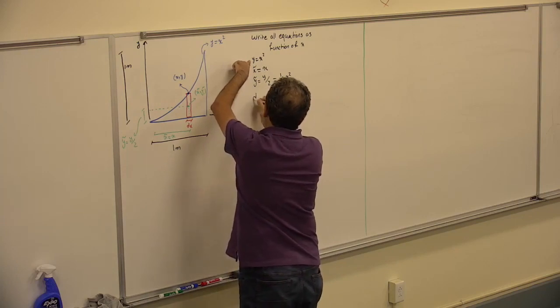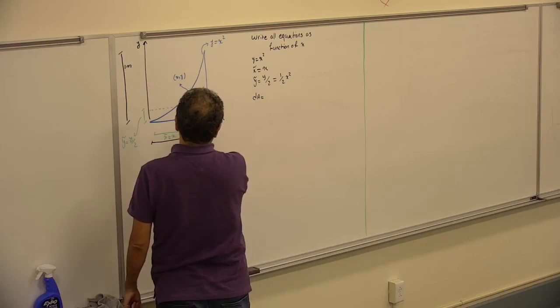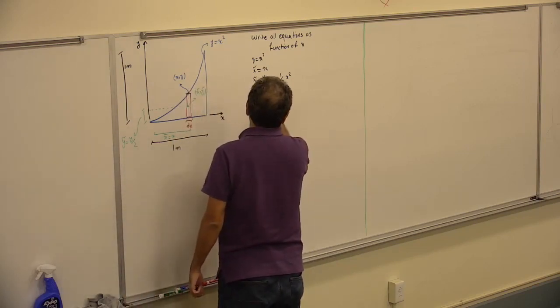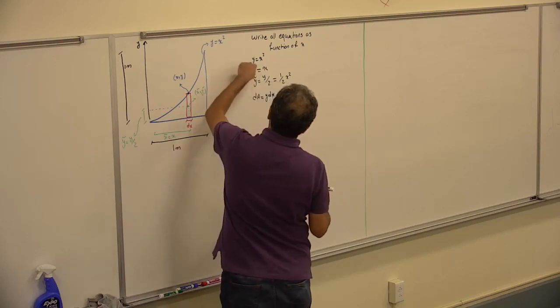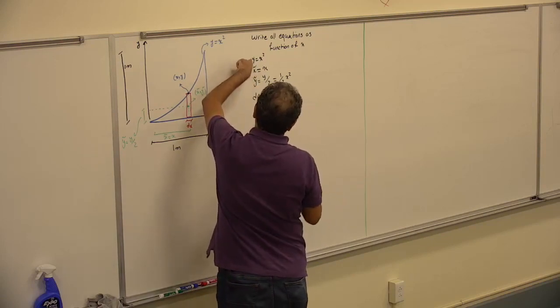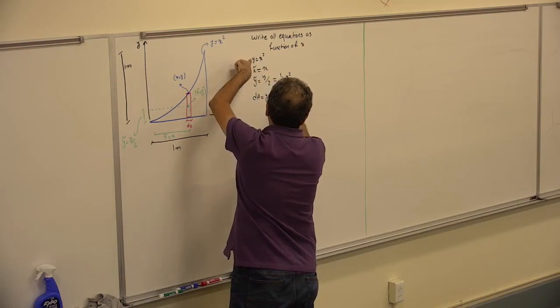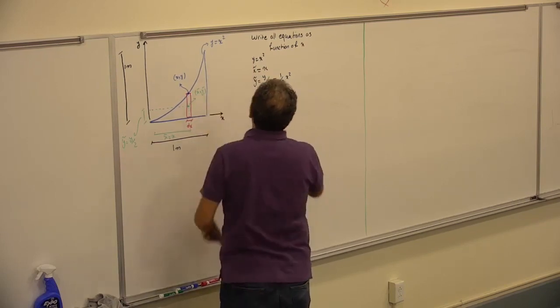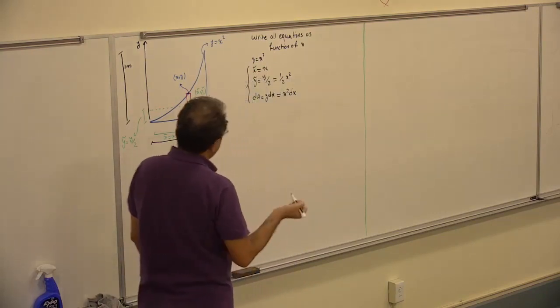Then dA, the area of that element, is y dx, and again I want it as a function of x, so I replace y with x squared: x squared dx. Now I have all my equations as a function of x.